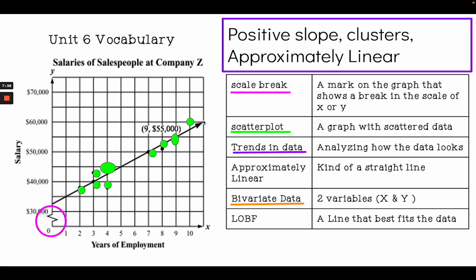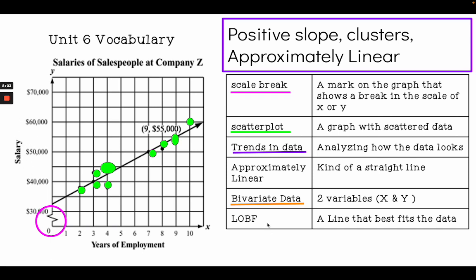When they get to their 11th year, they'll make about $60,000. And so what a scatter plot does is it helps us to analyze data in the long run or over a period of time. And that data will come from two variables. Again, in this case, years of employment and salary.